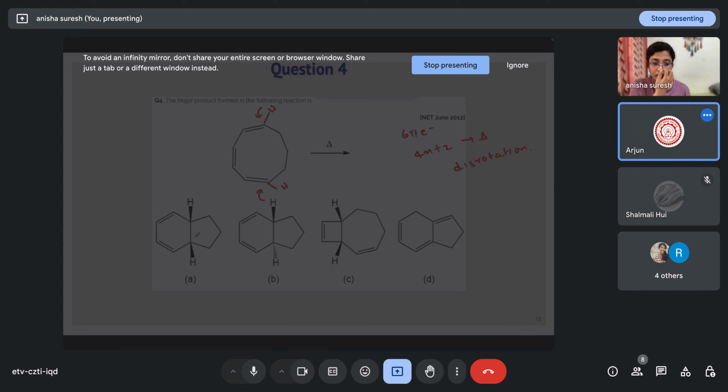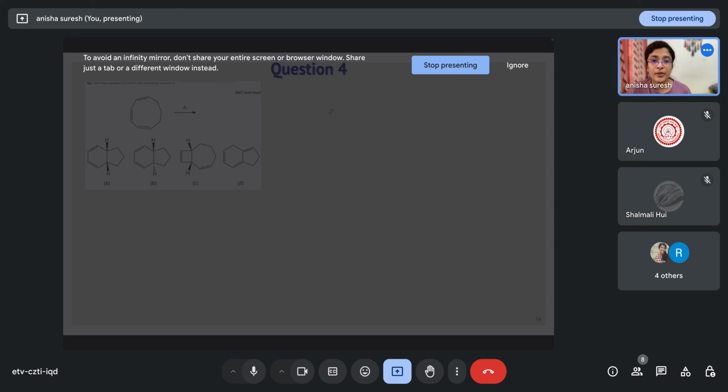Option A. So here we have to follow this rotation: six pi electron, thermal, disrotation.